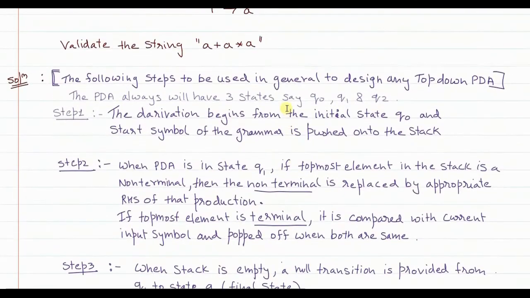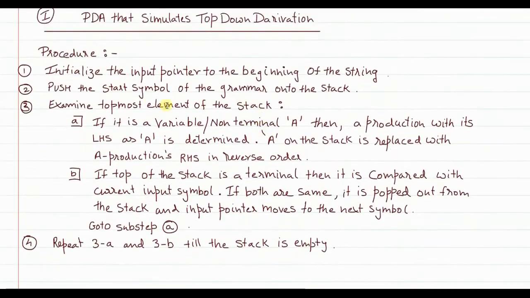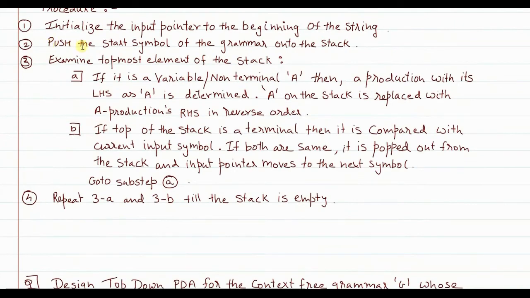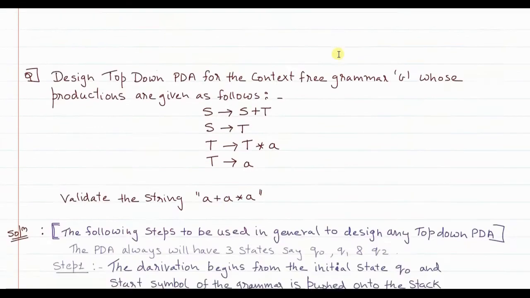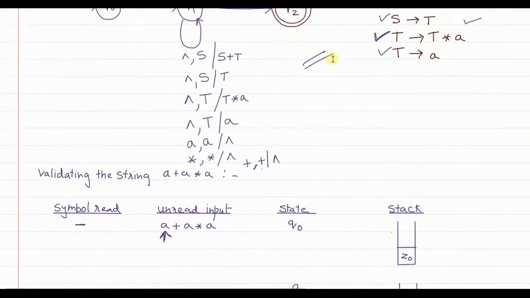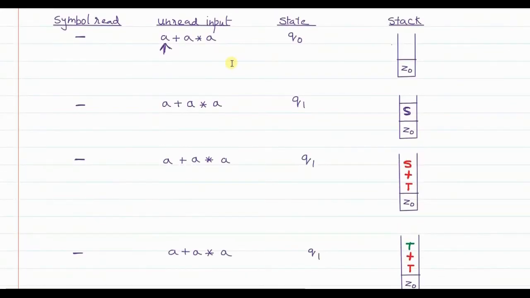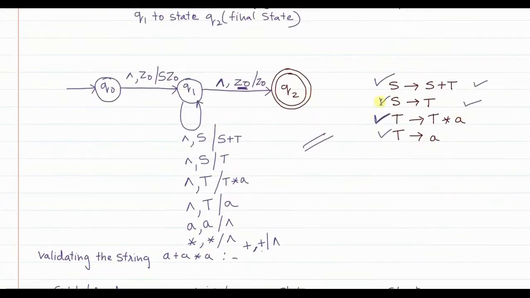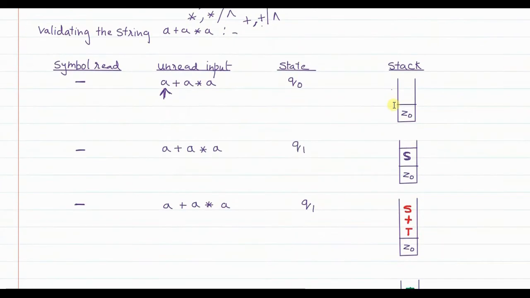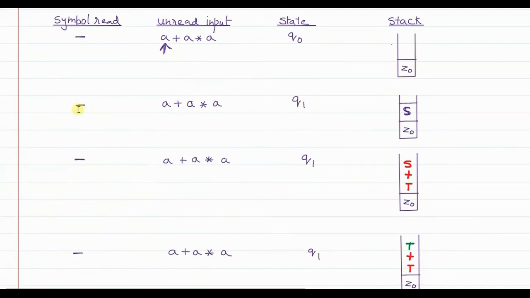And in the second step, we push the start symbol of the grammar onto the stack. In this grammar that is given to us, as you know, S is the start symbol. So we initialize the input pointer, stack is empty. In the next step, again nothing is read.